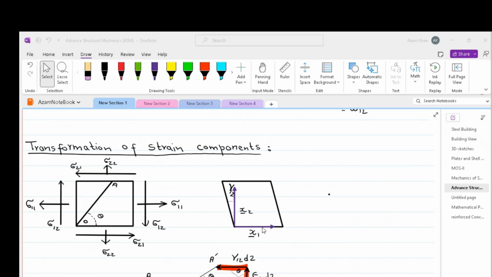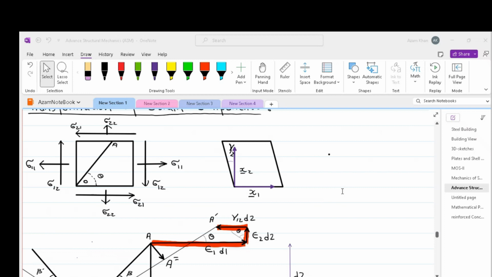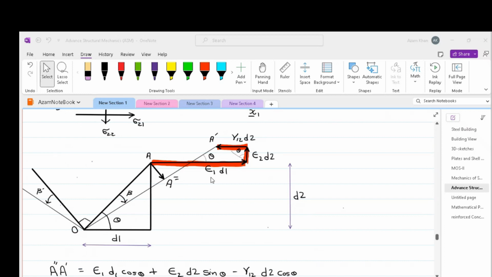Our coordinate axis, which is shown in purple, corresponds to the left corner of the element. In other words, the coordinate axis has its origin at the left corner of the element. The effect of these strains on any line element OA is shown in this figure.